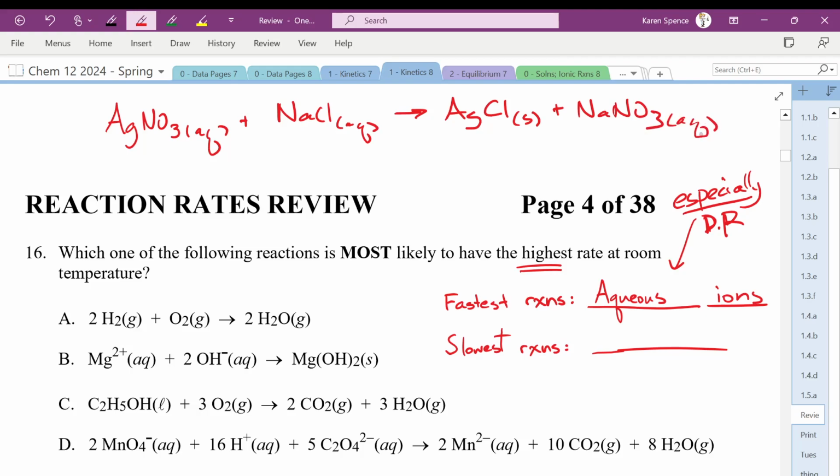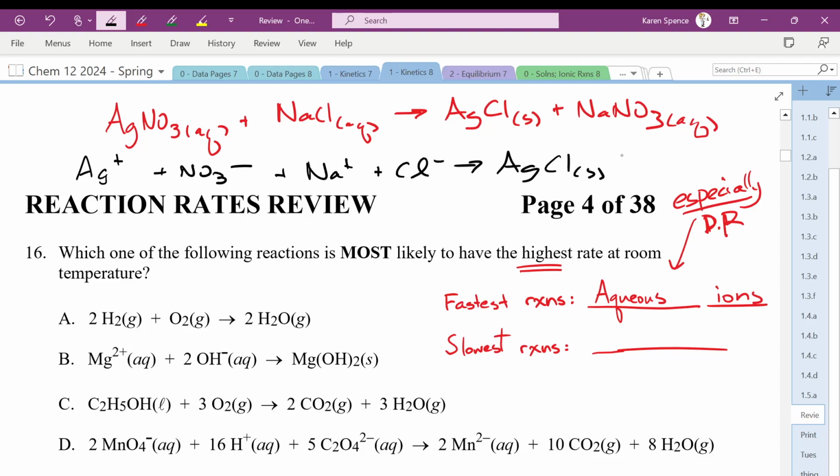If we were to then write the net ionic equation for that, we would have Ag+ NO3- plus Na+ Cl- goes to AgCl solid plus Na+ NO3-. And we could cancel out the NO3s and the Nas.